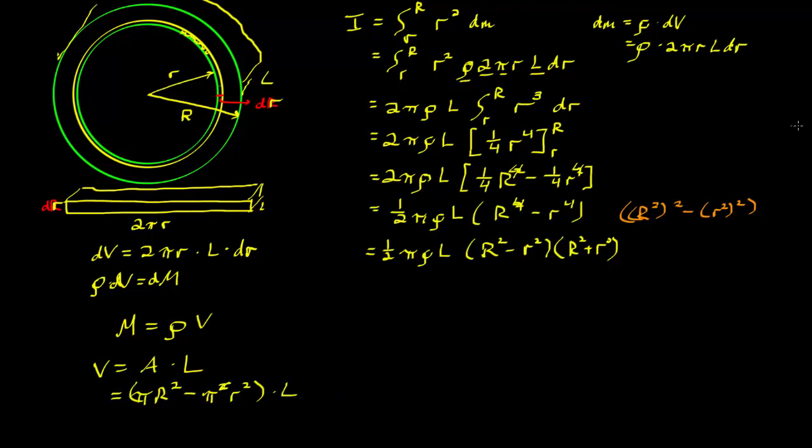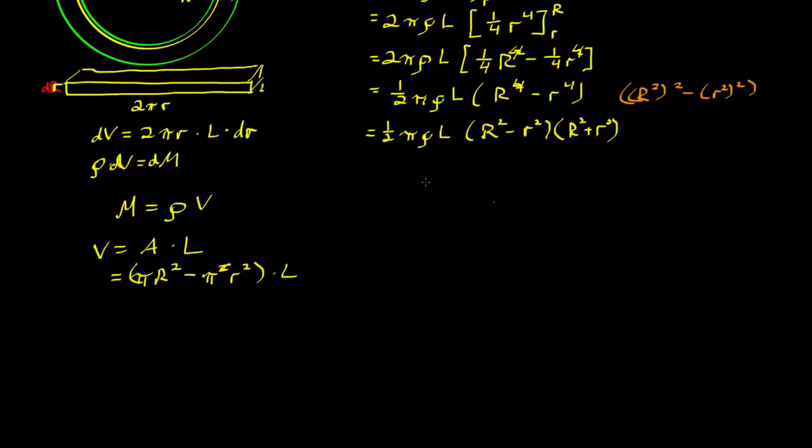Okay, so now you might be able to see what's going to happen. We're going to substitute over here. I have pi's in common, so I get pi, and then I'll move L to this other side, so times L times, I factored out the pi, so I get big R squared minus little r squared. So that's my volume. And then if I get the mass, it's just density times all of that.